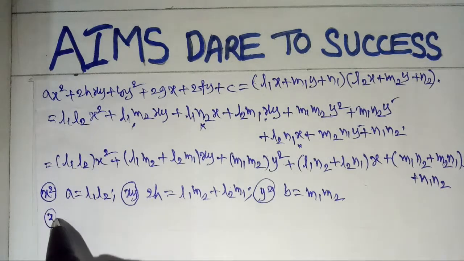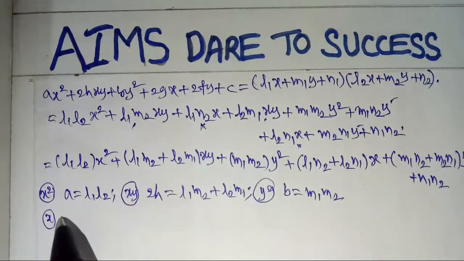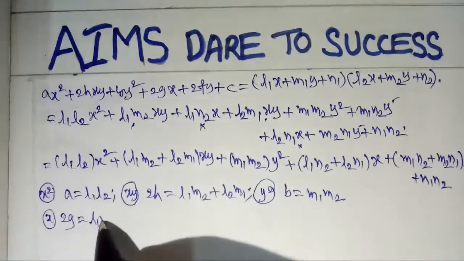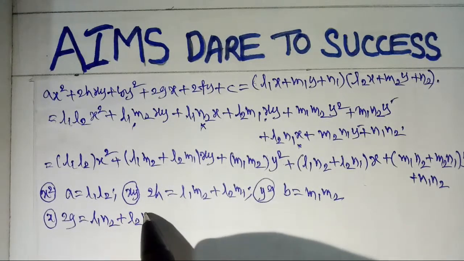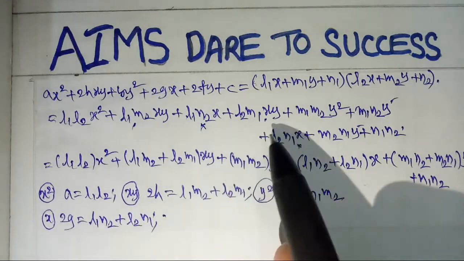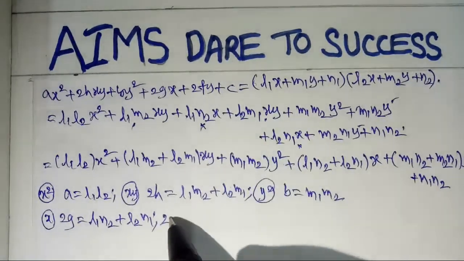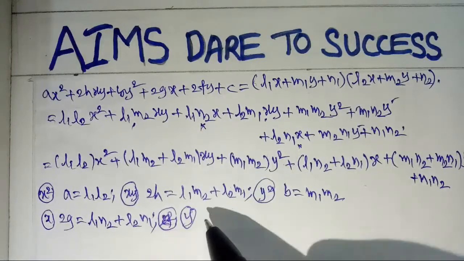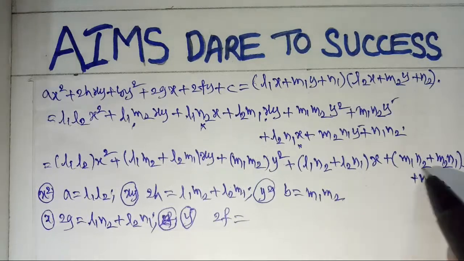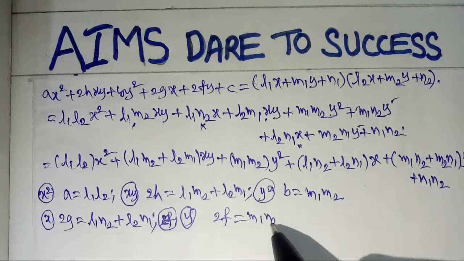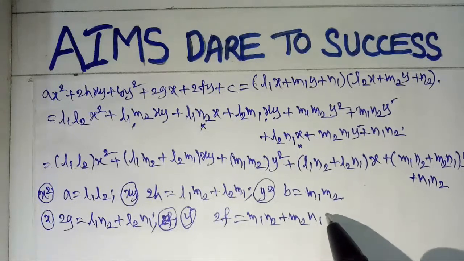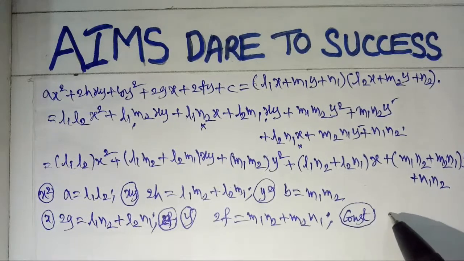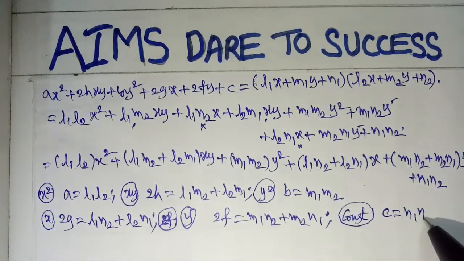Next, comparing x coefficients, 2g = L1n2 + L2n1. Later, comparing y coefficients, 2f = m1n2 + m2n1. Lastly, comparing the constant term, we get c = n1n2.